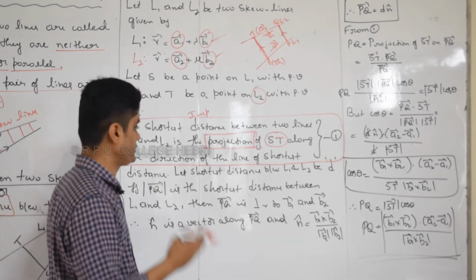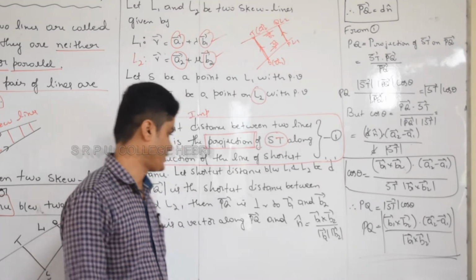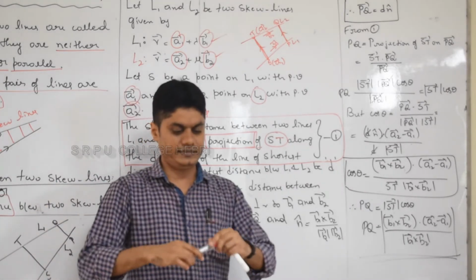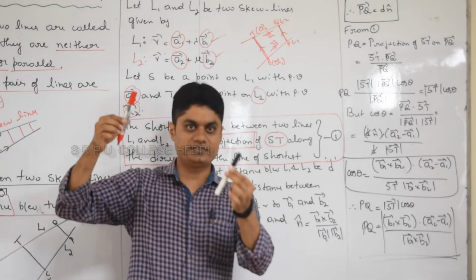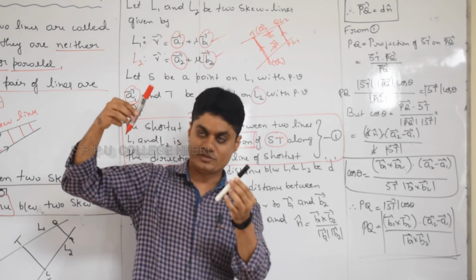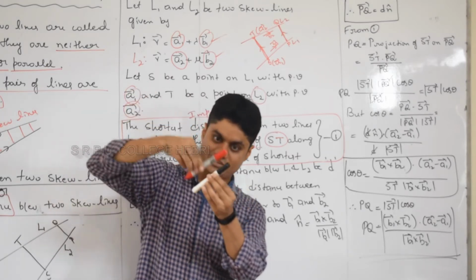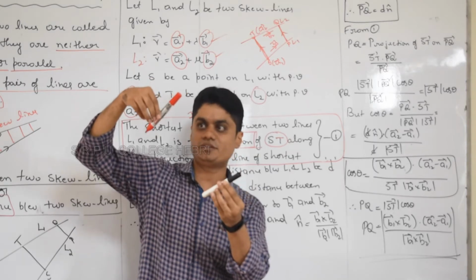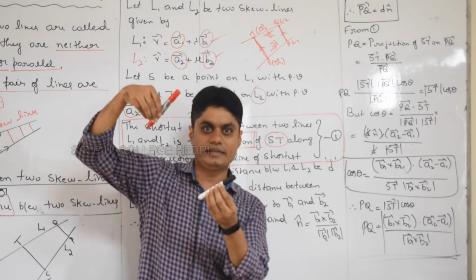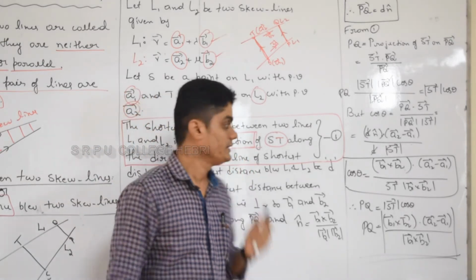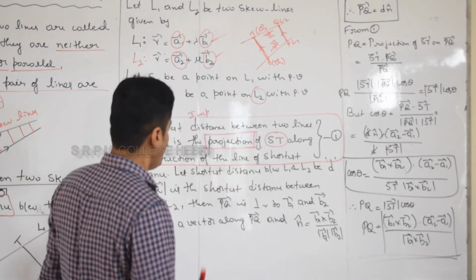It is easy to understand. Imagine this is ST, this is PQ. PQ is the projection of this vector on this line, like the shadow of this line on this plane, or nothing but the distance. Remember that.